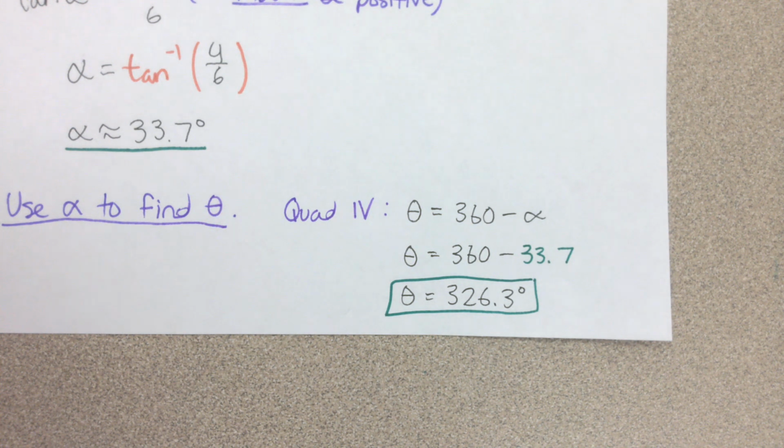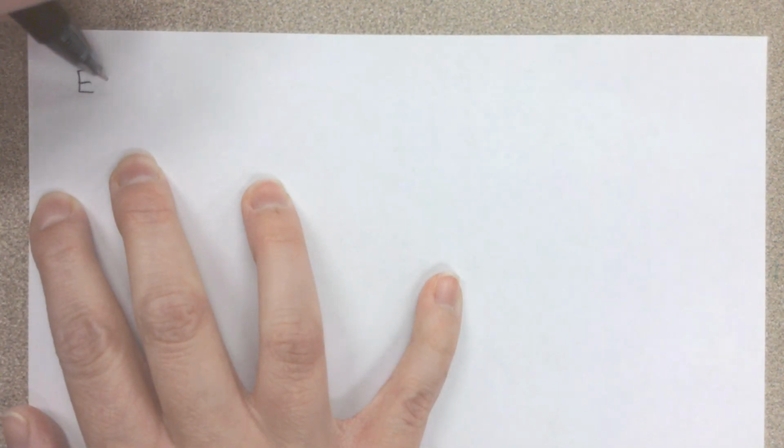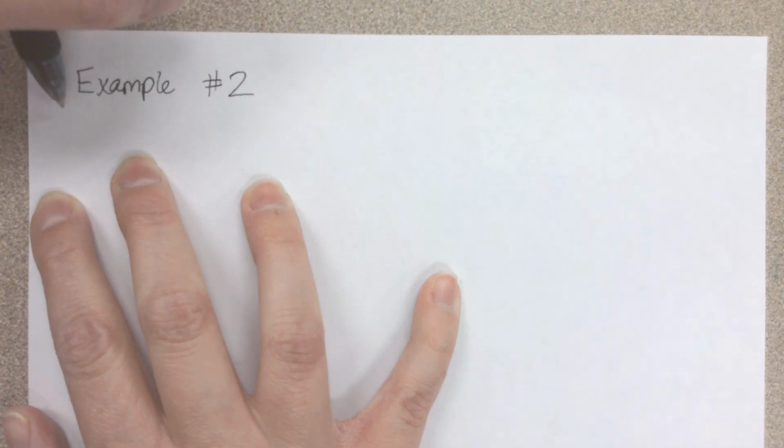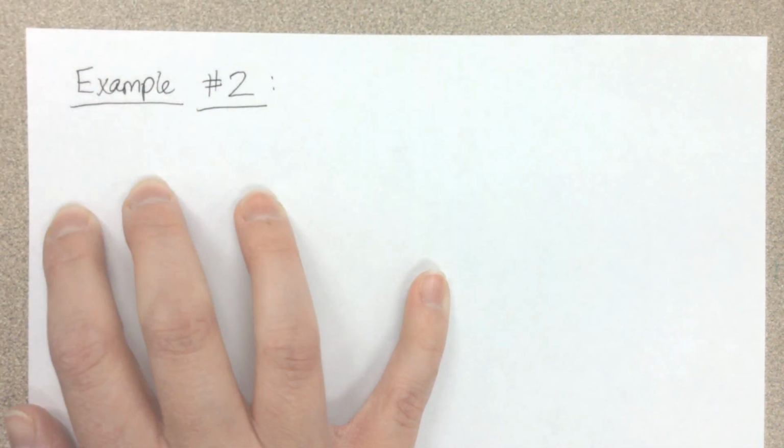Okay. I'll do one more and I can go a lot faster since I won't be writing out the steps. Now sometimes we won't say argument, sometimes we'll be very transparent and just say find theta.